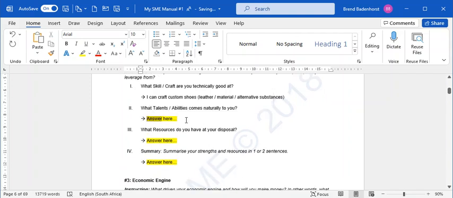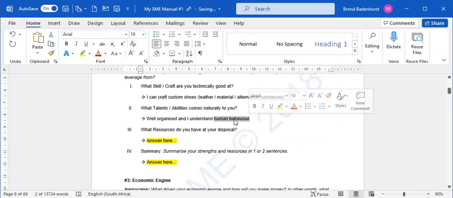Let's say my talents and abilities are that I'm well organized and understand human behavior. This will indicate that I will be a good manager in my business, as well as understand the marketing patterns I need to use because I understand human behavior.